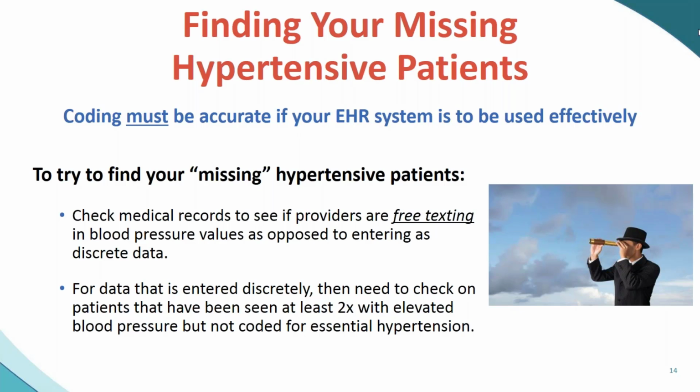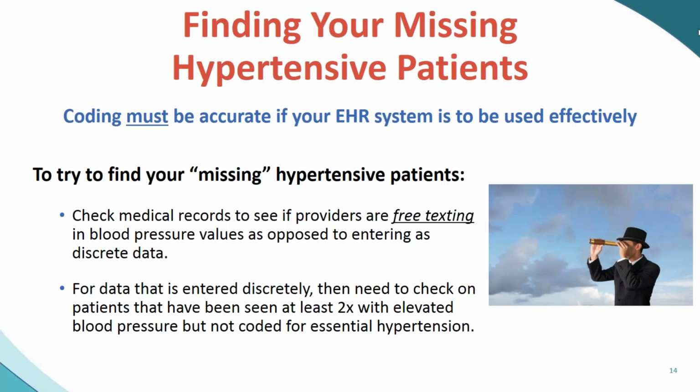So just to explain that, and this also depends on the type of electronic health record system, because each one captures blood pressure a little bit differently. But if your providers are free texting, where the systolic and the diastolic pressure are basically being manually entered, that may not be captured within your quality report, but it's necessary that you find that information.